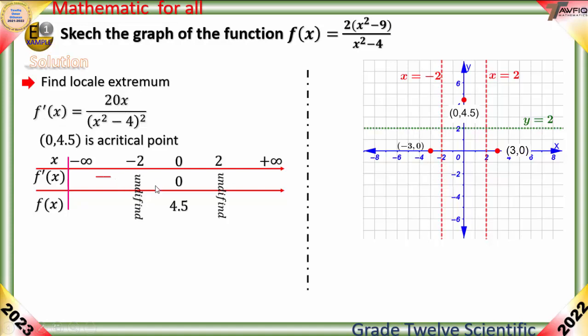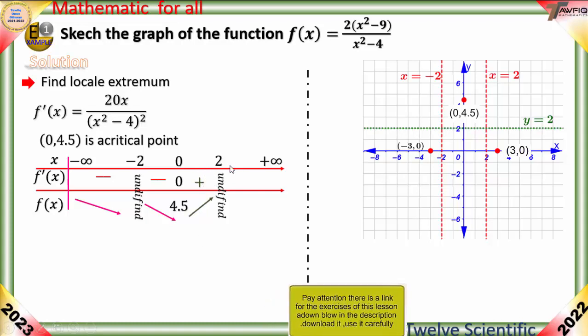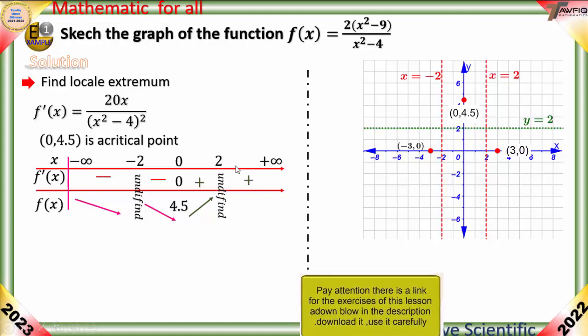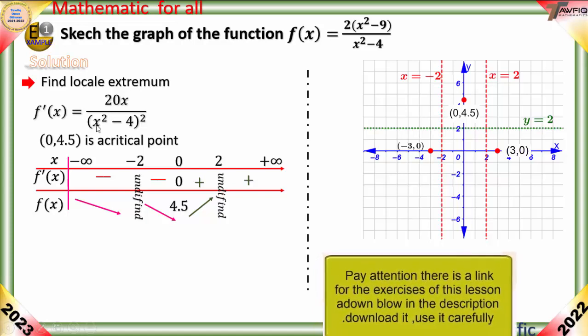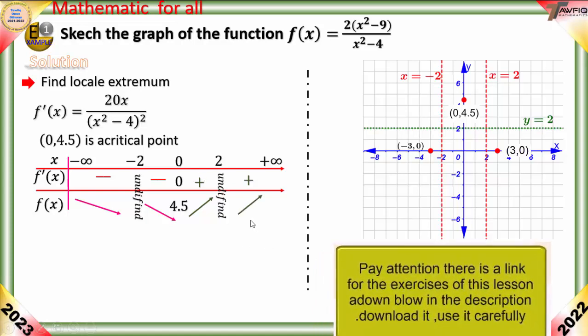And from minus 2 to 0 is negative too, because if we take minus 1, it becomes negative. And now, if we take 1, it is positive, that means increasing. If we take 3 and replace it in place of x, it is positive, increasing. That means decreasing, decreasing, increasing, and increasing.